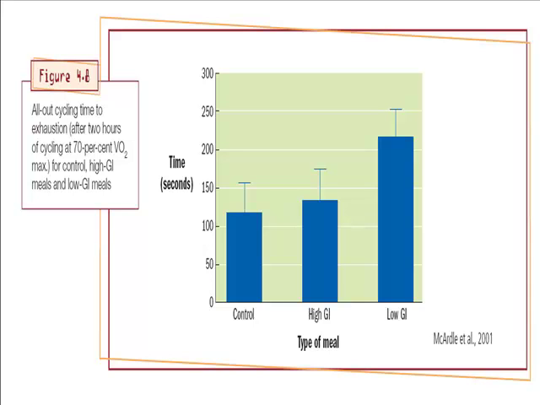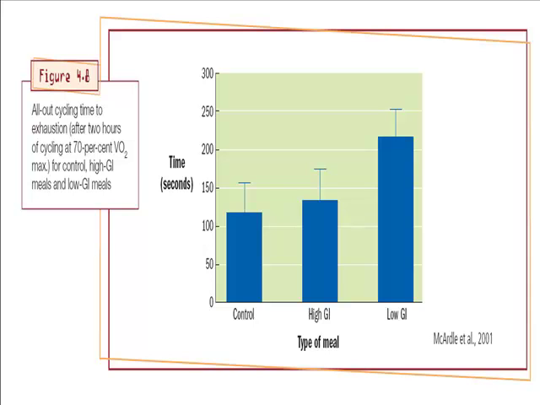The athlete consumes the food, control meal, a high GI meal and a low GI meal, a couple of hours before. Then they jump onto the bike and they spend 2 hours cycling at 70% of VO2 max. Now we need to talk more about the difference between VO2 max and heart rate max, but we'll do so a little bit later. So they spend 2 hours cycling, and then the tester asks them to cycle as hard as they can.